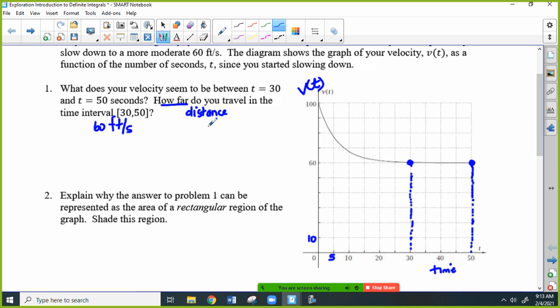Well, remember we talked about there's a formula for finding distance. Distance equals rate times time. So if I want the distance and I know that my rate is 60 feet per second and I'm traveling for 20 seconds, what is my distance?